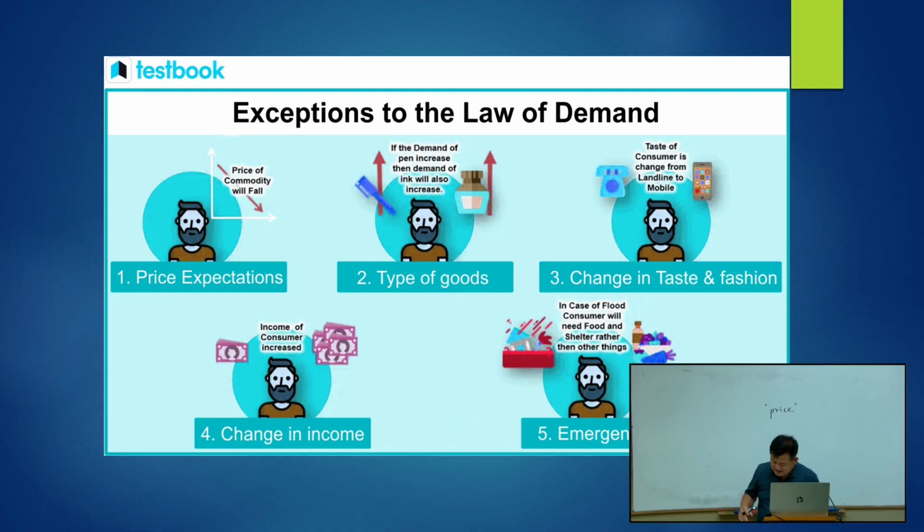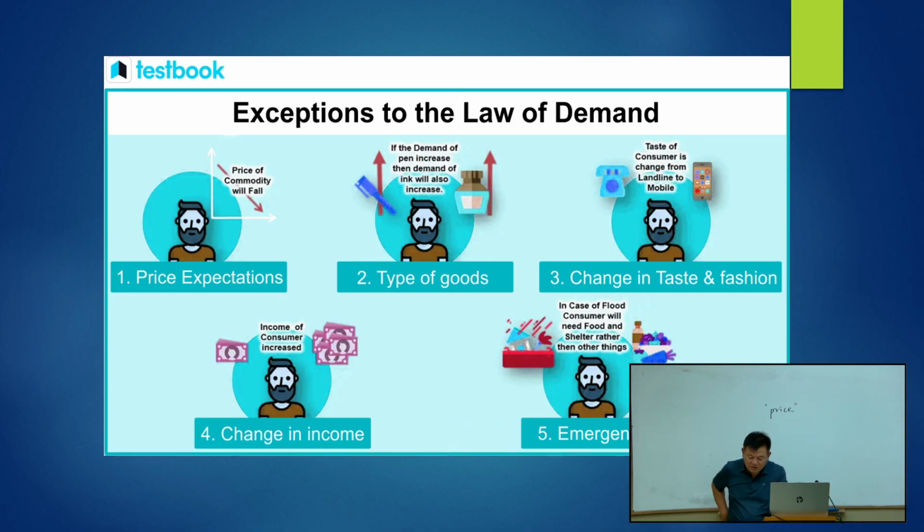Also, may I explain something about exceptions to the law of demand? It's a little bit deep, the principles. As a general rule, the demand curve slopes downward, showing the inverse relationship between price and quantity demanded.